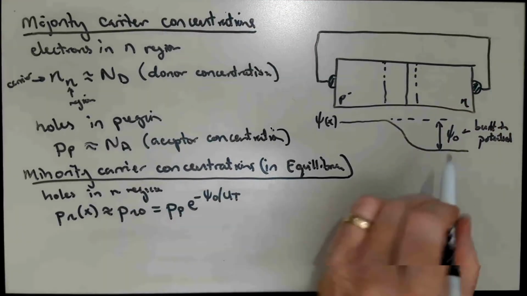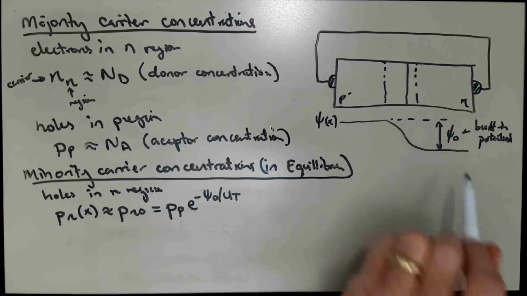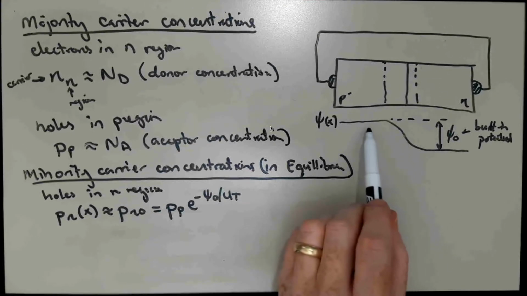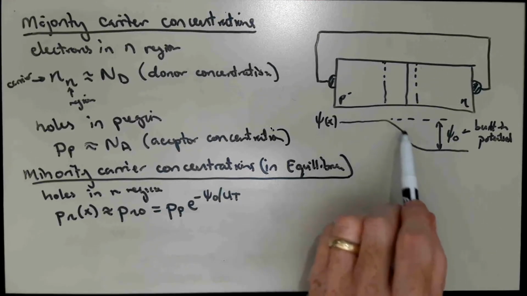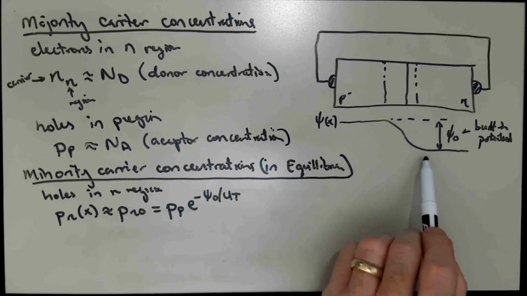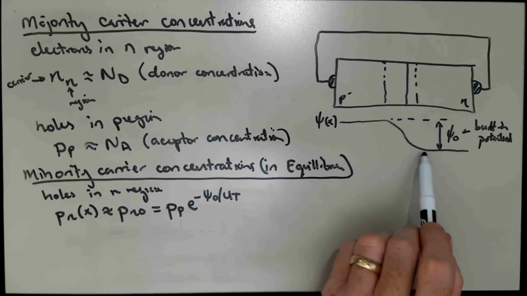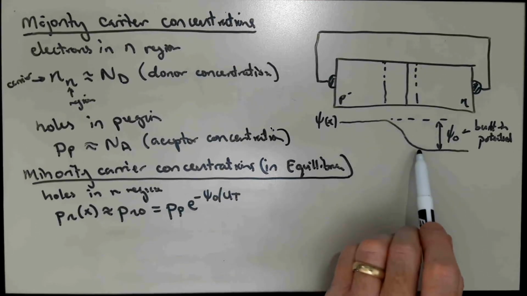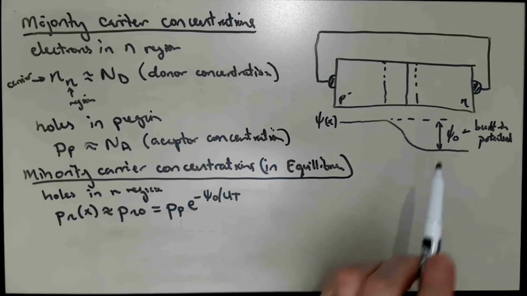And so we have some hole concentration over here, and we've got this barrier, which is down for the holes, which is kind of weird. But the hole concentration over here in the N region would be given by the hole concentration in the P region times e to the minus this barrier height over the thermal voltage.